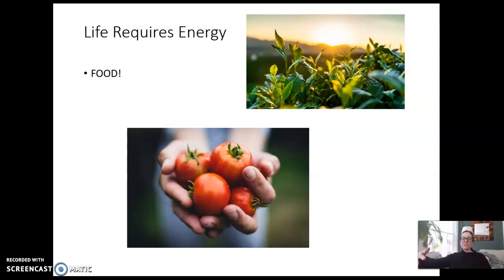Plants harness that energy in photosynthesis, creating sugars, and we'll talk all about that later in this semester. The sugars help to feed the plant and feed herbivores, those animals that will eat the plant. Carnivores can eat the herbivores, and we can have entire food webs and food chains, which really have to do with energy, how we get energy, how it cycles through all of these different types of organisms.